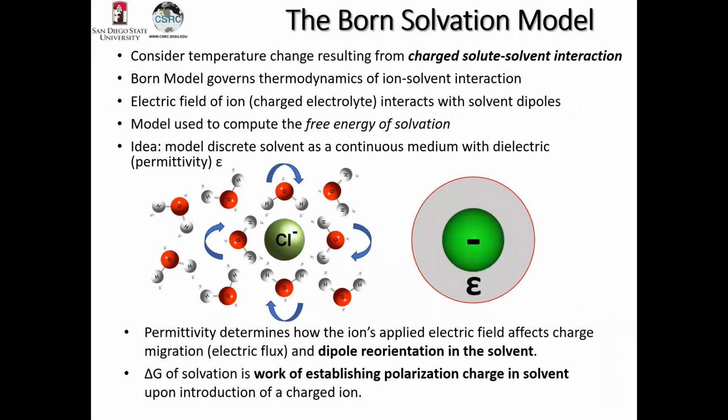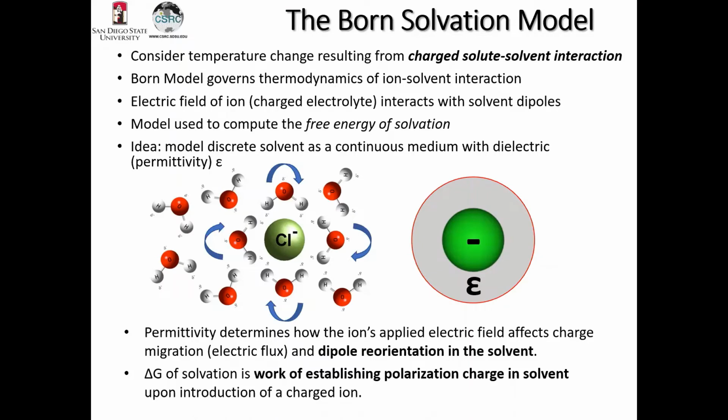Okay, now what could explain the decrease in temperature? Because the question is, why is temperature decreasing in that acidic zone, if it's not Joule-Thomson cooling, or if it's Joule-Thomson cooling plus interaction between charged electrolytes? To model this, I used the Born solvation model.